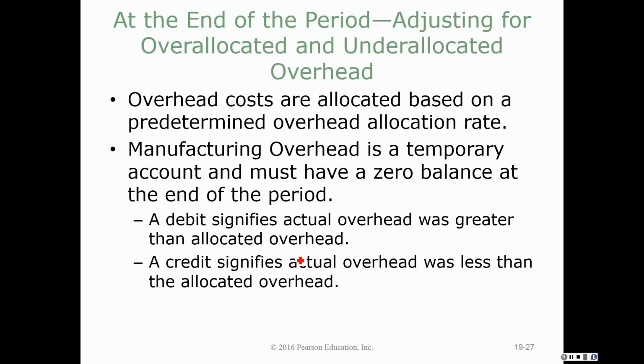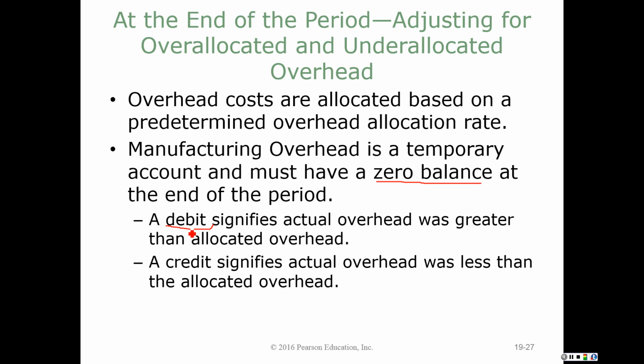Okay, since it is an estimate, at the end of the period, this manufacturing overhead account needs to have a zero balance. Okay, it's not something that we have left sitting around. We need to use up all of our manufacturing overhead by the end of the period, which means we need to get it allocated to the correct jobs. Since it's an estimate, our account's probably not going to be zero. And if we have a debit balance left in our manufacturing overhead account at the end of the period, remember we debited it for everything that we spent.